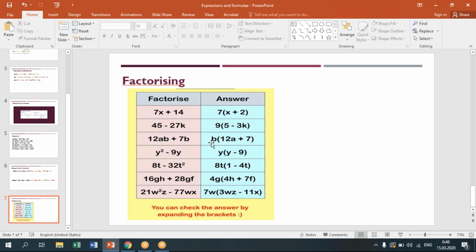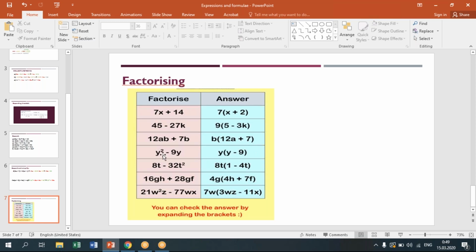So this b will be before the brackets. 12ab, and this b will be written before the bracket. So just 12a, 7b, and this b will be written before the bracket, just 7 in the bracket. Again, let's check. b times 12a will be 12ab. b times 7, 7b.